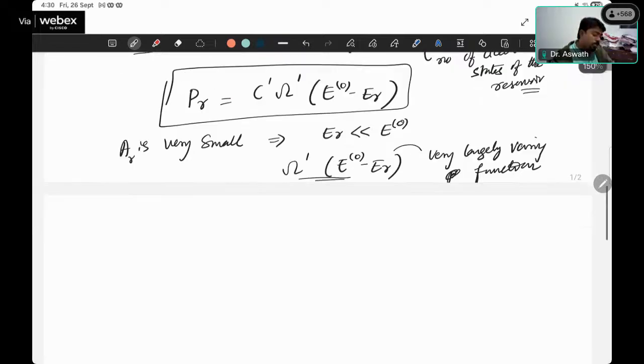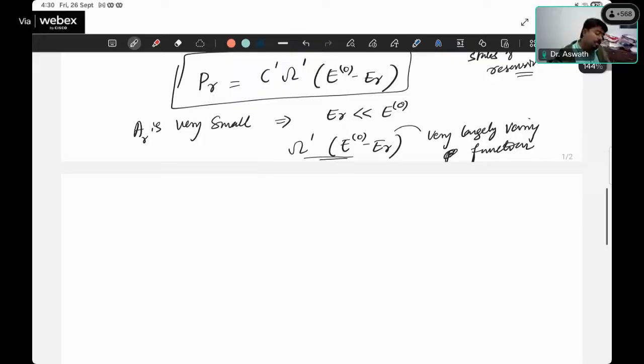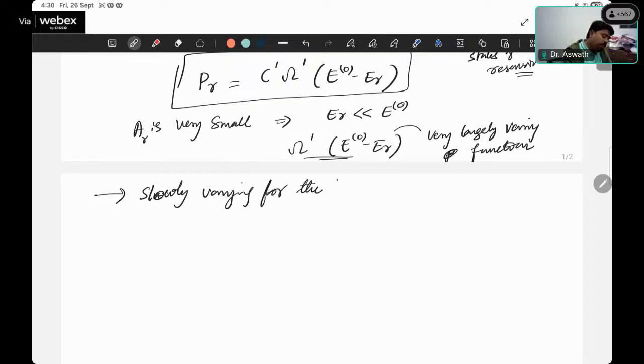To put this into the context of our understanding, I want to make it slowly varying for the mathematics, slowly varying for the sake of understanding. What I'll do is take the natural log of this omega.